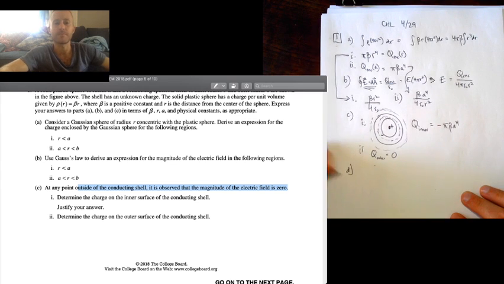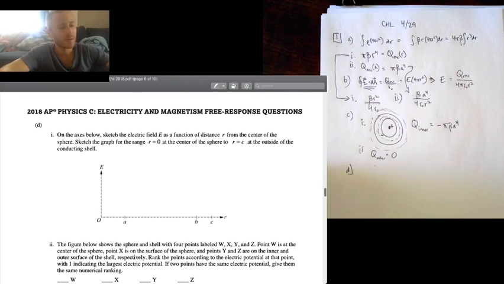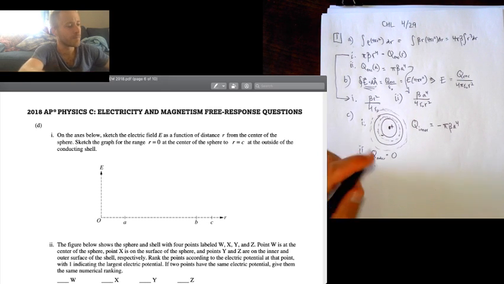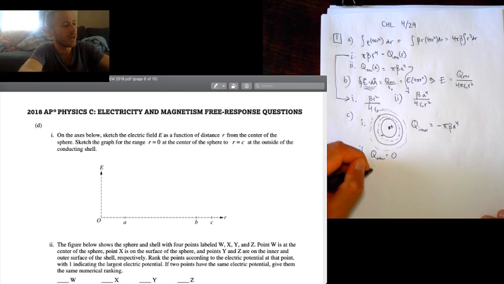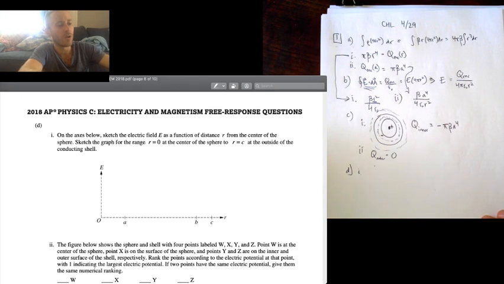D. On the axes below, sketch the electric field as a function of distance r from the center of the sphere. So we can see that we have an r squared dependence, and then we have a 1 over r squared dependence, and then we have an electric field of 0.